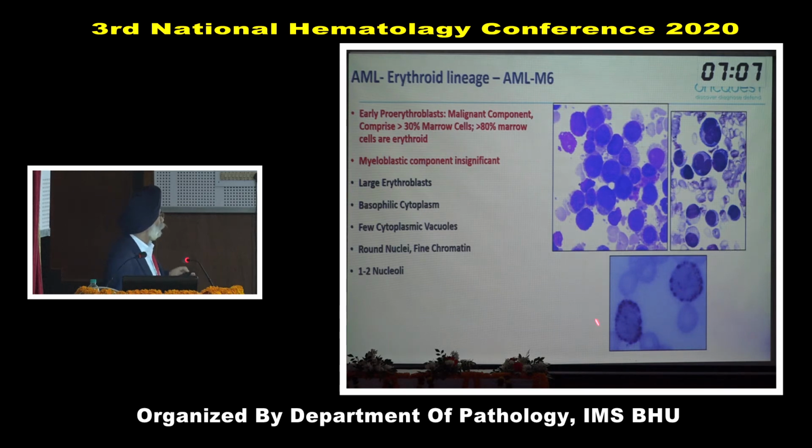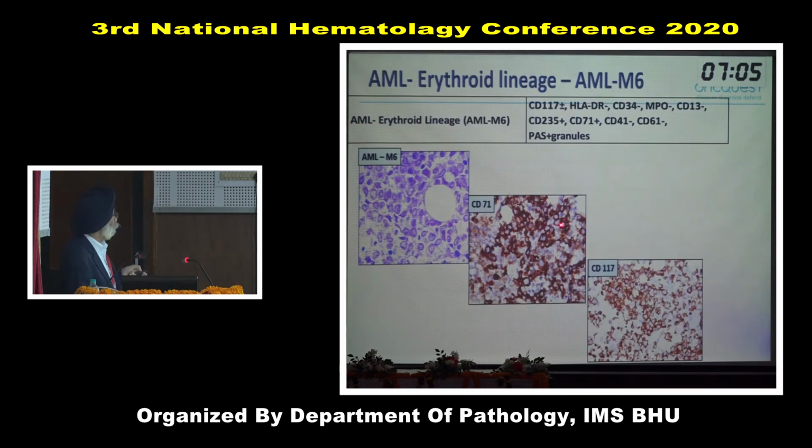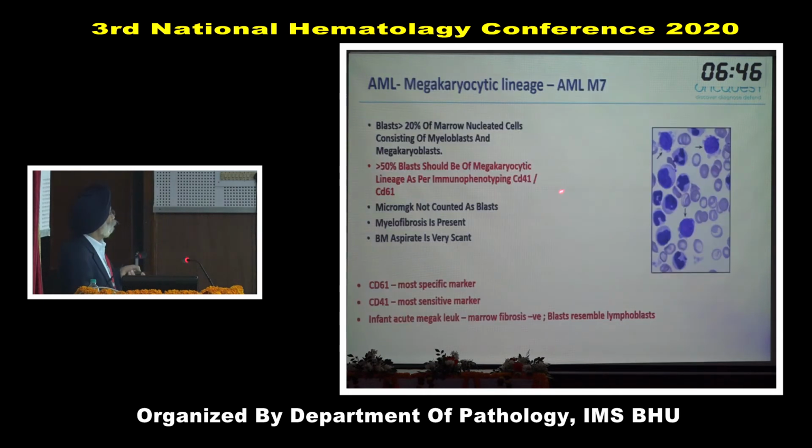Most of these cells are PAS positive. Not only are they CD71 positive, but some of the cases are also CD117 positive, because CD117 is a myeloid marker but is also expressed in proerythroblasts. So these cases demonstrate CD117 positivity, confirming that we are dealing with a case of M6.